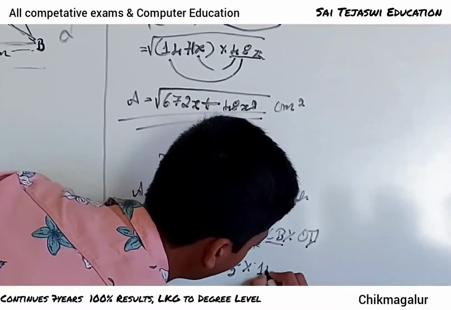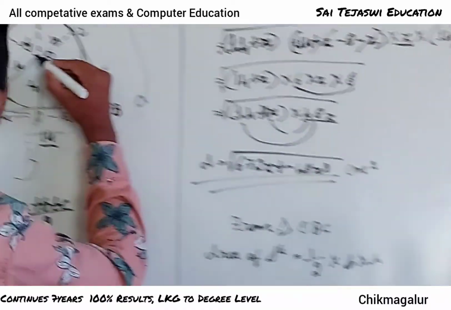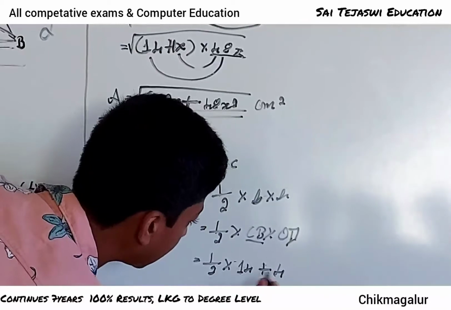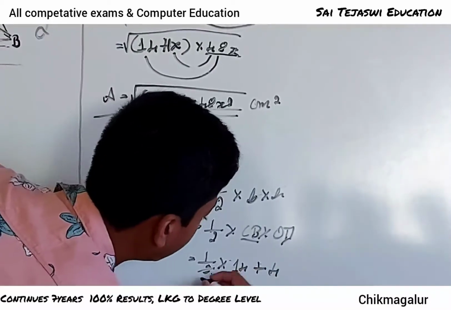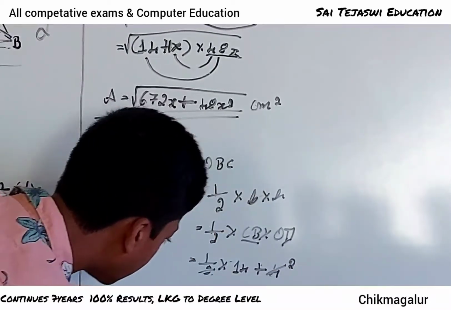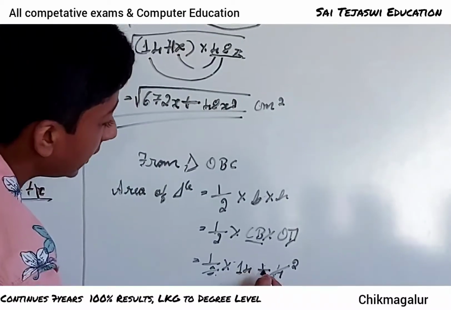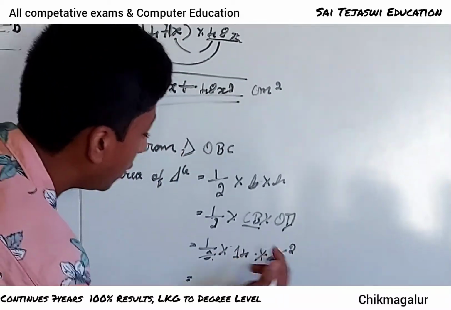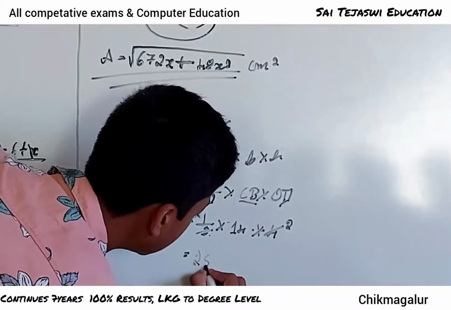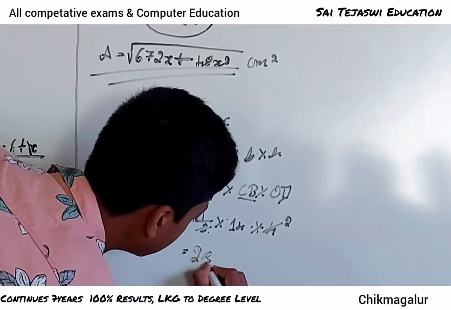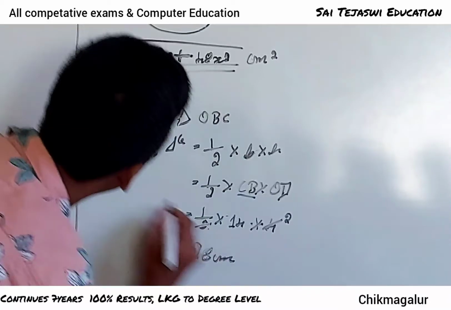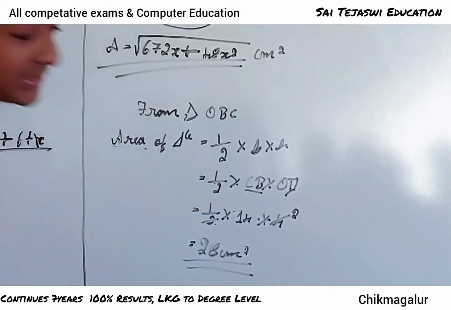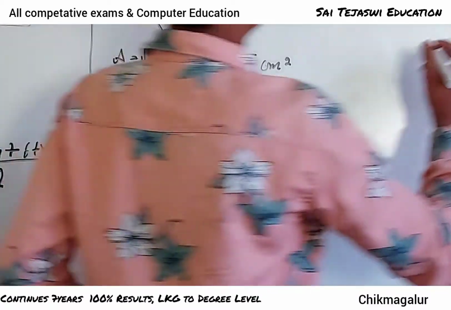So we take this as 14 plus OD. The OD value is 4. We will take this as 4. So here we can cancel this 2, here 2 ones are and here 2 2s are. The remaining is 14, multiply 14 into 2, 14 2s are is 28 centimeter. As it is here area, so we have to apply square.